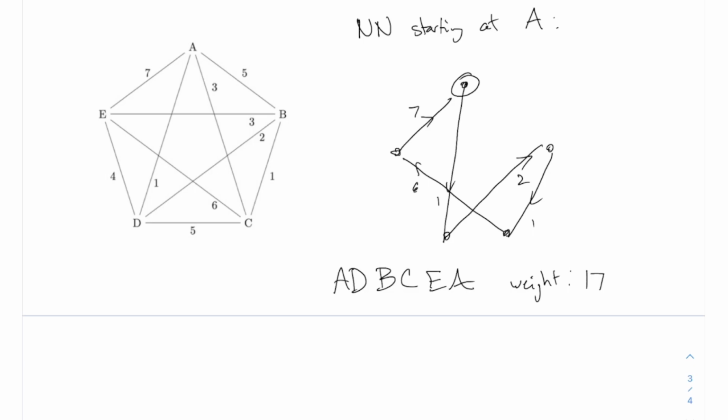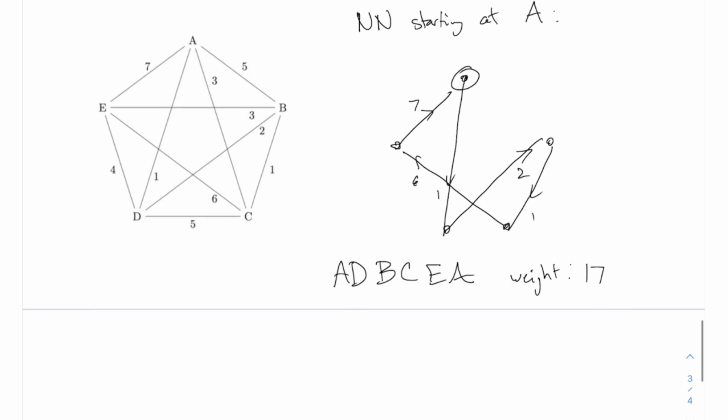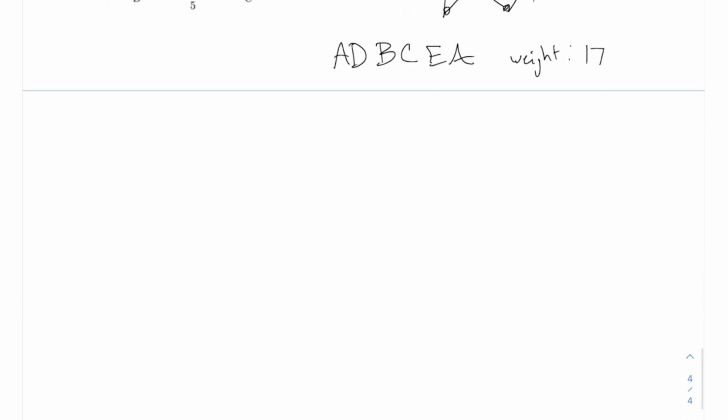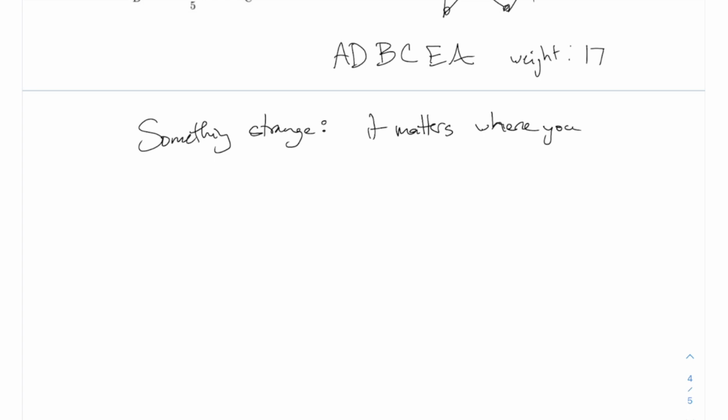Something a little strange about the nearest neighbor procedure is that it matters sometimes where you start. If you do the procedure starting at A, you get something. But sometimes if you start at a different vertex, you get a completely different answer. So I wanted to demonstrate that.